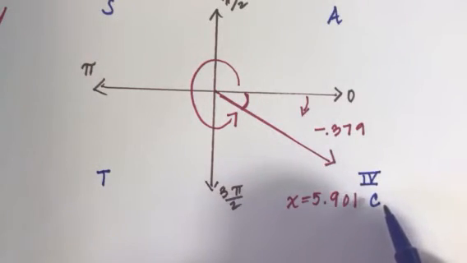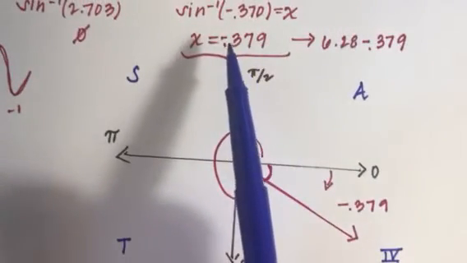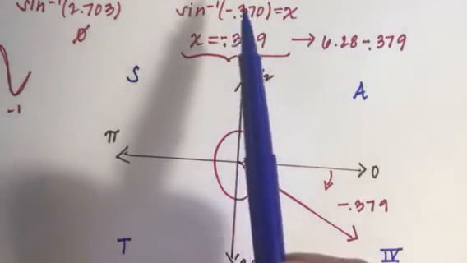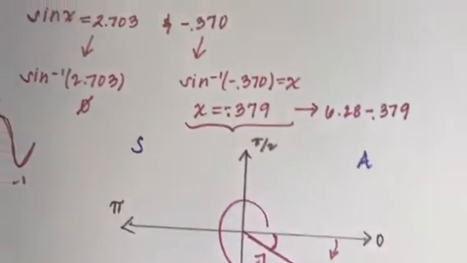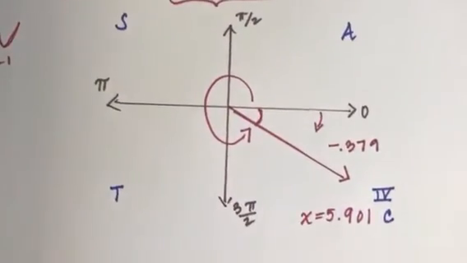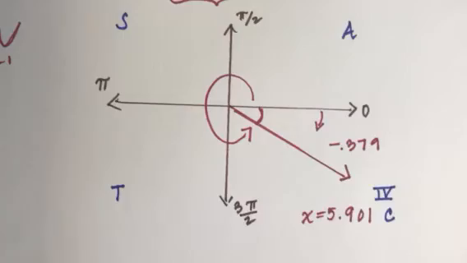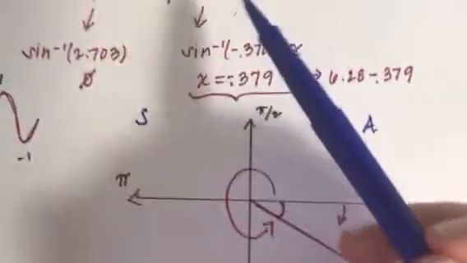So there's going to be one more angle on the unit circle that also results in a sine value of negative 0.370 when I take its sine. So what I need to do to find that is to consider where else sine is going to be negative, because I have a negative result here.